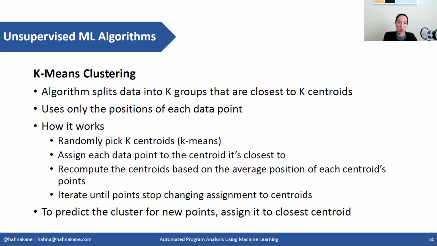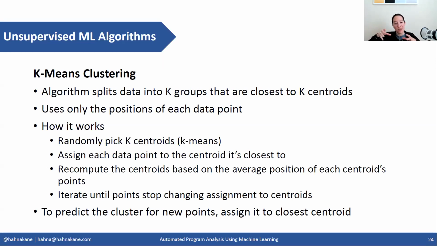So here's how this algorithm works. It's going to randomly pick k centroids, k center points. It's going to assign each data point to the centroid that it's closest to. It's going to then recompute the centroids based on the average position of the points in each cluster. And it's going to iterate this process until the points stop changing their centroid assignments, right?